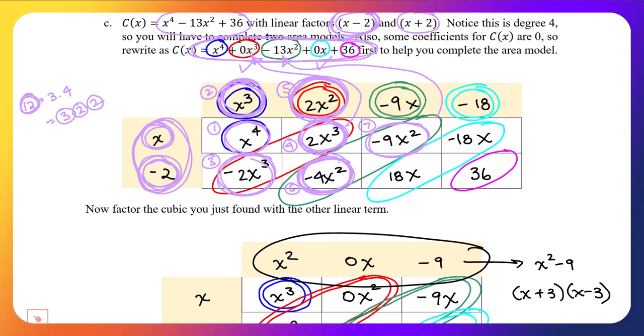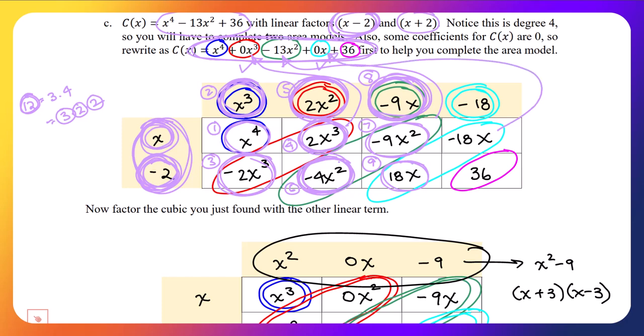To make that negative 9x squared, I have the x already. This has to be a negative 9x, the eighth thing I fill in. Then I use the table: negative 9x times the negative 2 is 18x, the ninth thing I fill in. The x term has to be 0.